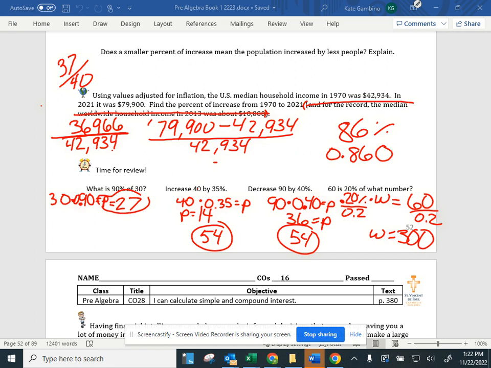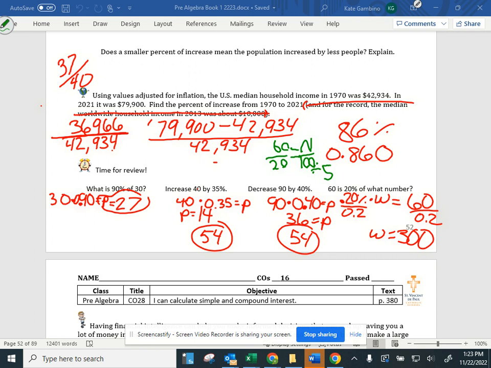Chance? I divided this by 5 to get to the 20.